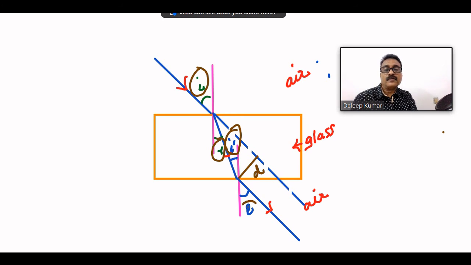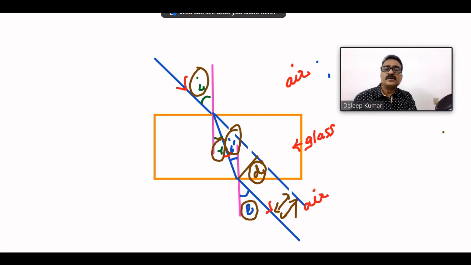This is the angle of emergence, and this is the lateral shift or d. You have to remember this. Make these lines parallel. No need to draw it exactly like this, but just remember that these lines are parallel.